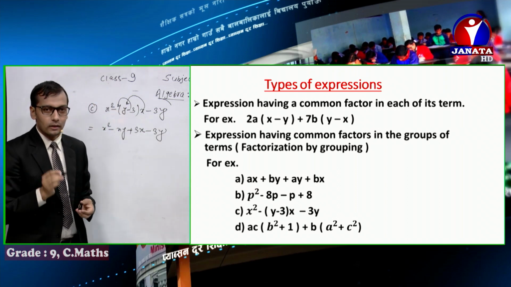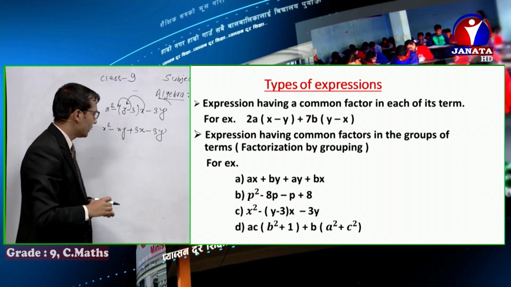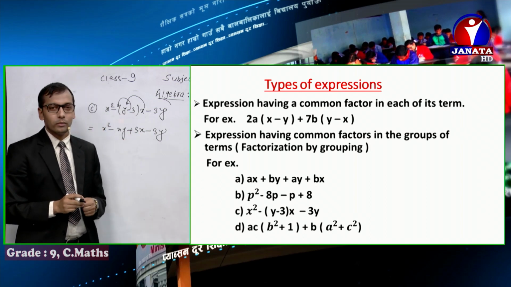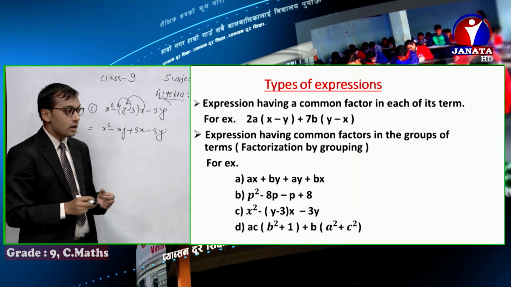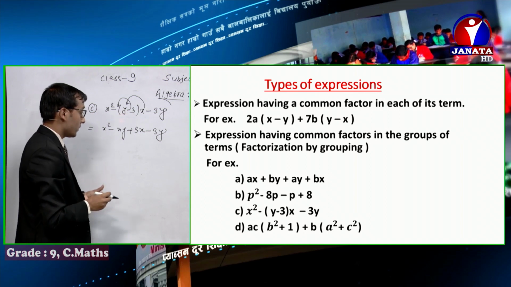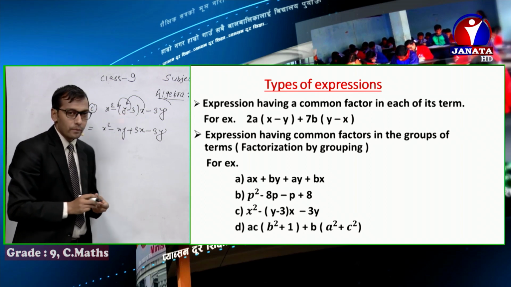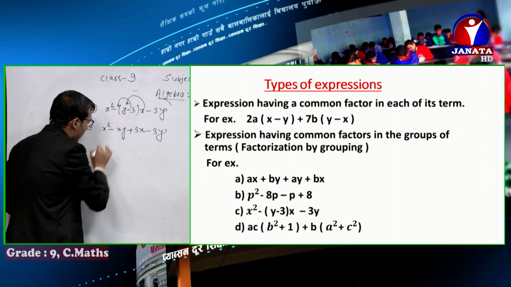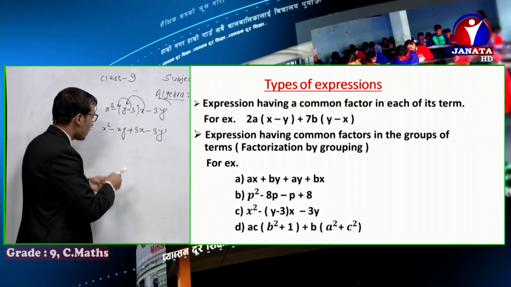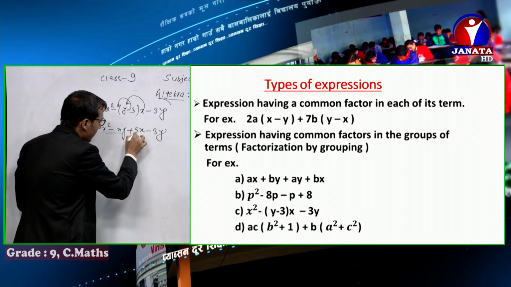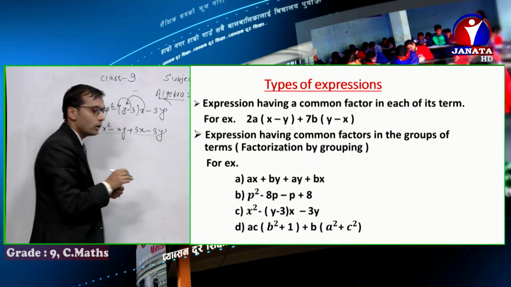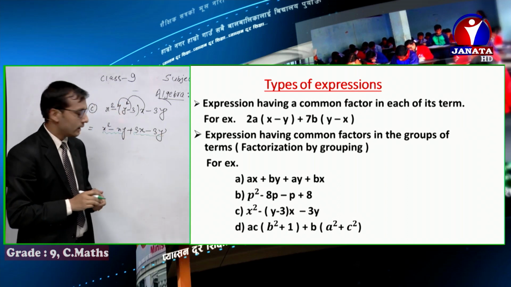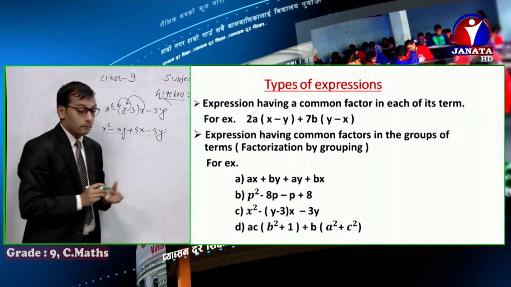Again, this expression contains 4 different terms. This is a polynomial, 4 different terms. Now, can we factorize this simply by taking common from the first 2 terms and the next 2 terms or not? For this, we need to try this.